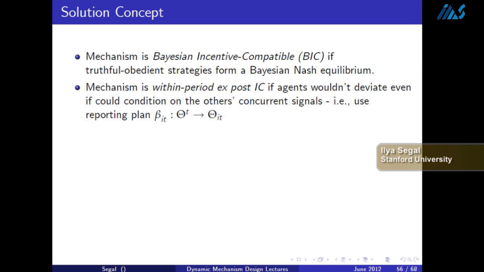This says that you wouldn't want to deviate even if you learn something about the other agents' current signals. Because it's full disclosure, you learn the other agents' previous types, previous signals, but also suppose you can spy on their current signals before they send their reports. And within-period ex post incentive compatibility will make sure that even this spying will not change your incentive to report truthfully.